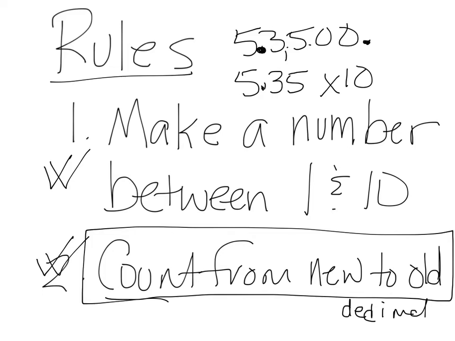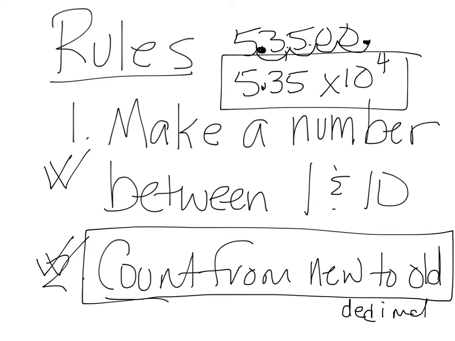We don't write decimal points at the end if there's nothing after them. So I count from the new decimal to the old decimal: 1, 2, 3, 4. I went 4 to the right. That's positive. Then this number in scientific notation is 5.35 times 10 to the 4th.